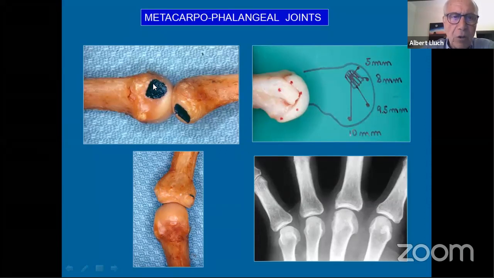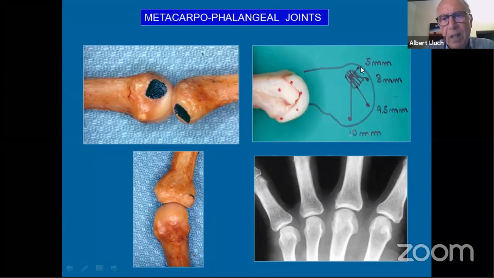As we can see, it goes from the dorsum of the metacarpal to the base of the proximal phalanx. If we make a drawing of the metacarpal head from the center of rotation, the origin of the collateral ligament, we'll see that the distance from the origin of the ligament to the dorsal part of the joint is much smaller than when it is in the volar part.